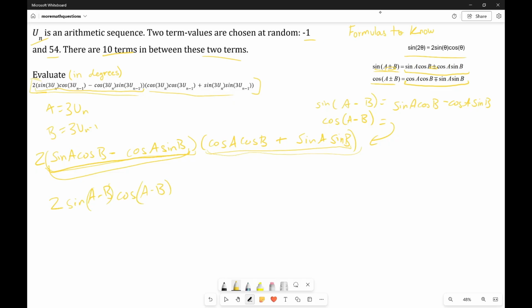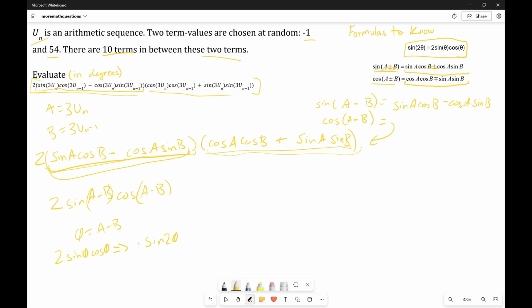Now finally we can use this double angle theorem and say that theta is equal to a minus b. If theta equals a minus b, we will have 2 sine theta cosine theta, and we can change that into sine 2 theta.